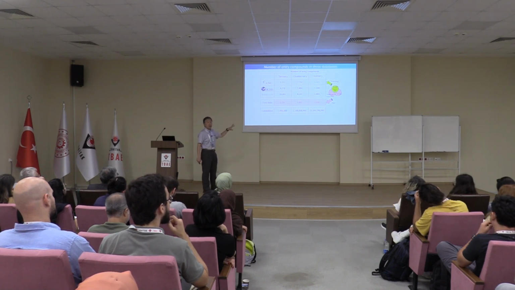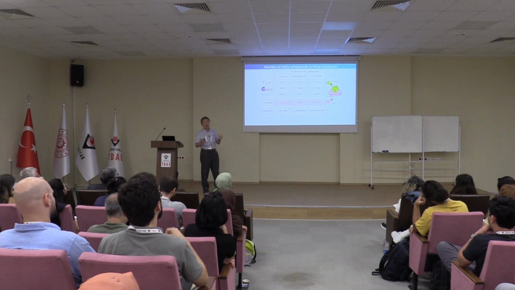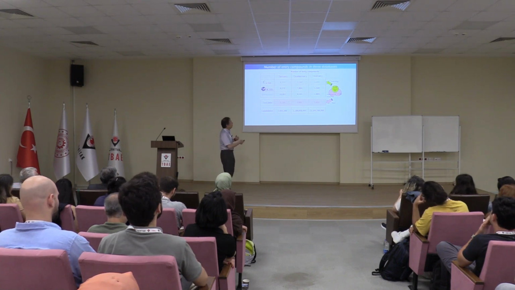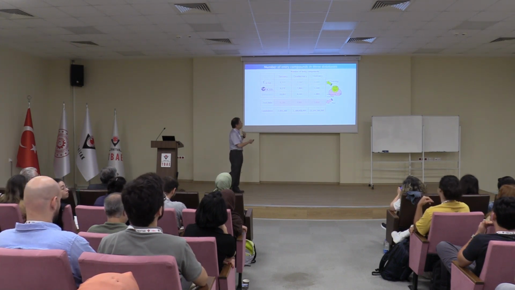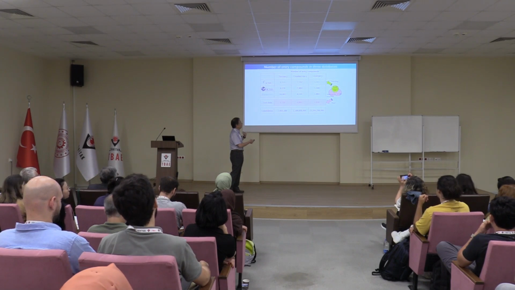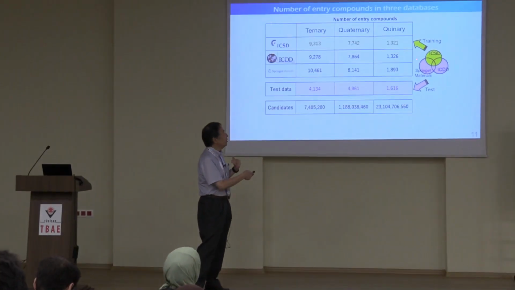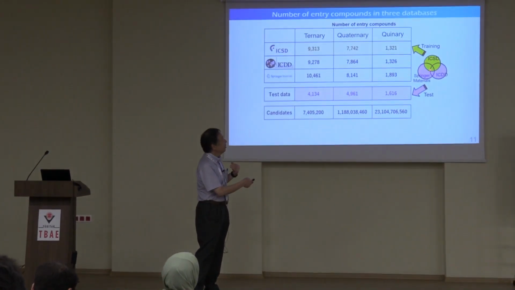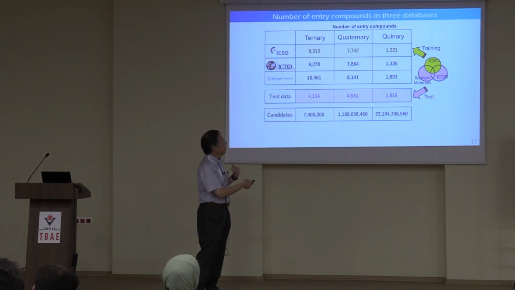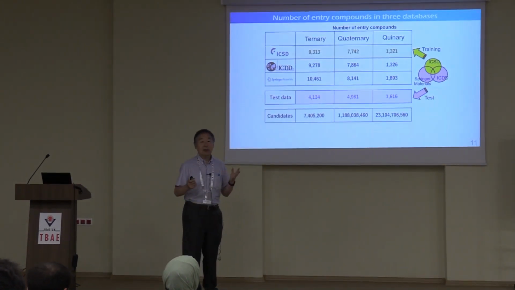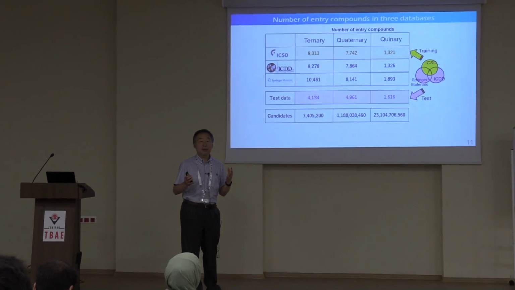In yesterday's talk we used similarities, but here we do not use any similarities. From my viewpoint, this does not have any meaning. This is just by coincidence. ICSD has this type of registry. ICDD has this registry. That's all. But there is no clear reason why.